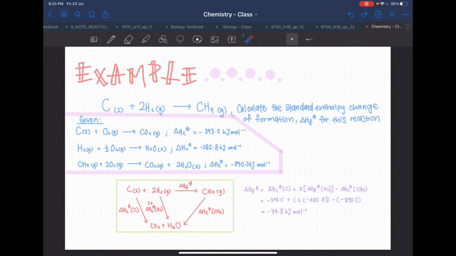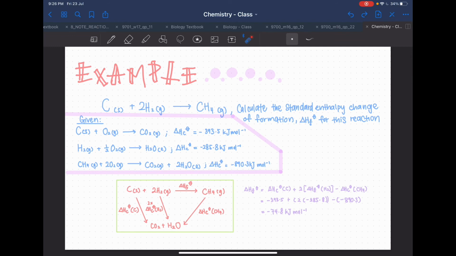So what we need to do is link all of these equations together, as we can see that all of these products formed are either carbon dioxide or water. So then we can connect them by drawing arrows towards the product. Carbon is combusted to carbon dioxide, the enthalpy change of combustion of carbon over here, and I draw an arrow here to connect.